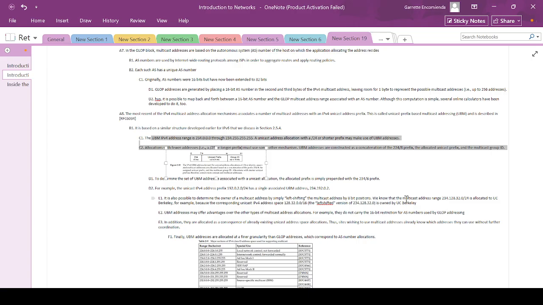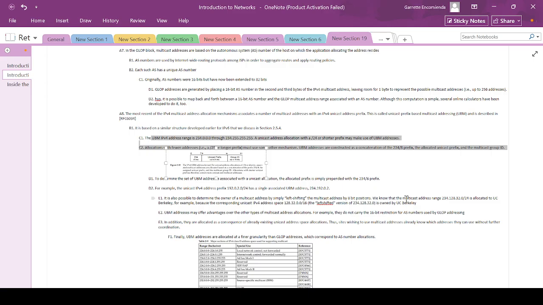A unicast address allocation with a /24 or shorter prefix may make use of UBM addresses.